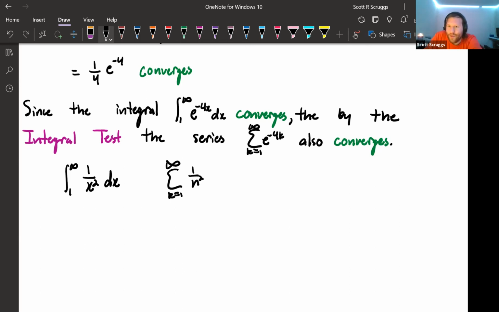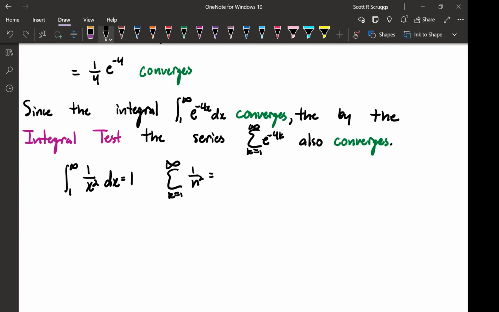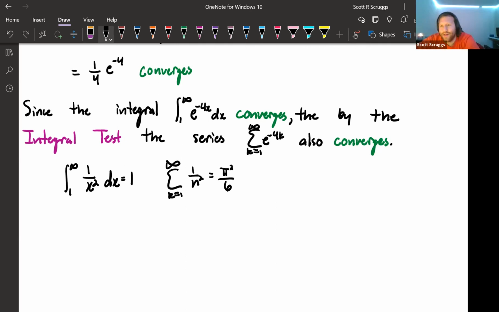Mainly because this is a cool fact. If you evaluate that improper integral, you're going to get that it equals 1. However, for that series, a mathematician way back in the day, I think it was Euler, he showed that that series actually equals pi squared over 6.